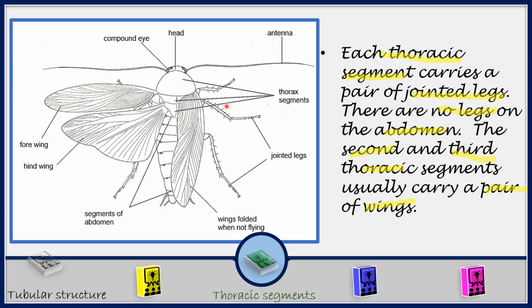Then we are saying that the second thoracic segment and the third thoracic segment are each carrying a pair of wings. The second segment is carrying the first pair of wings, and the third one is carrying the second pair of wings.